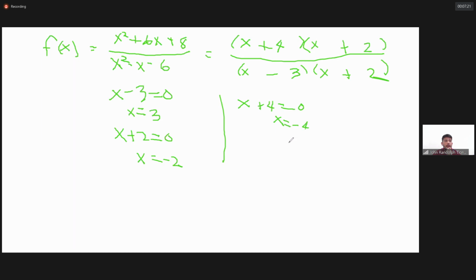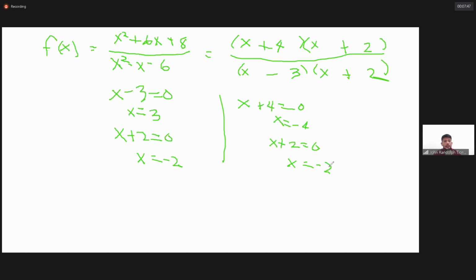And then the other one, x plus 2 equals 0, so x equals negative 2. Then you are going to identify now the zero of your f. Since your values here are 3, negative 2, negative 4, and negative 2.